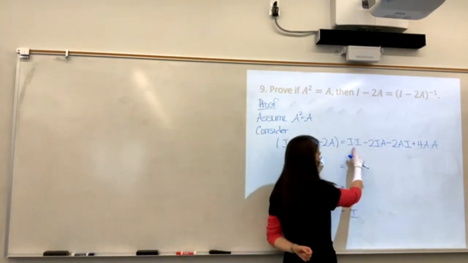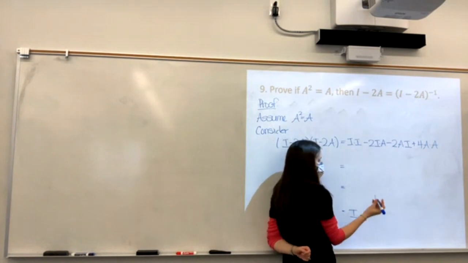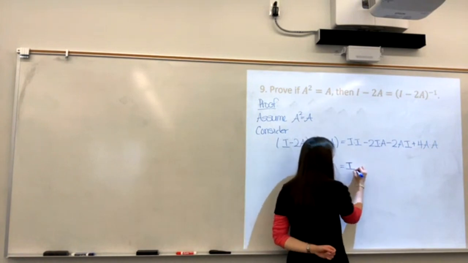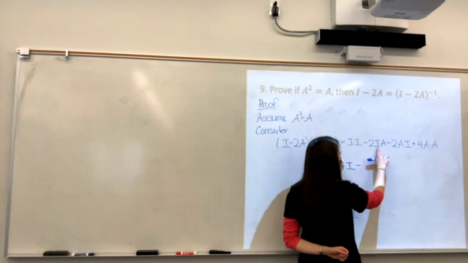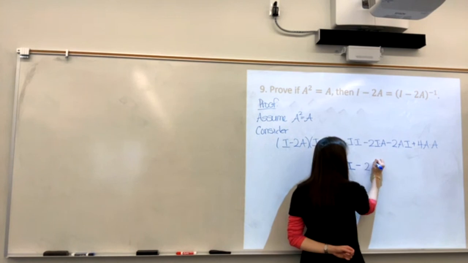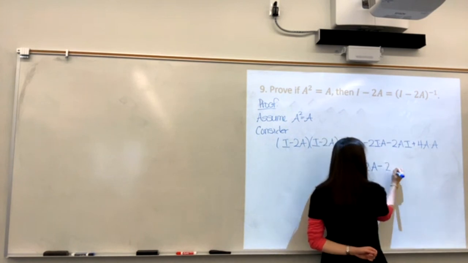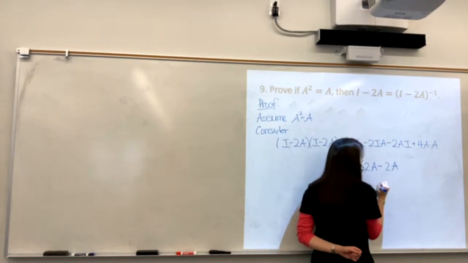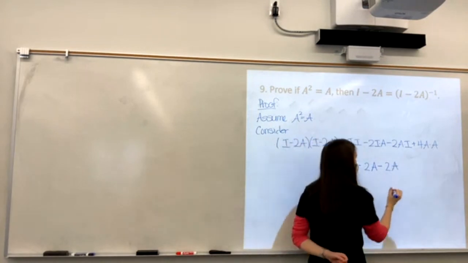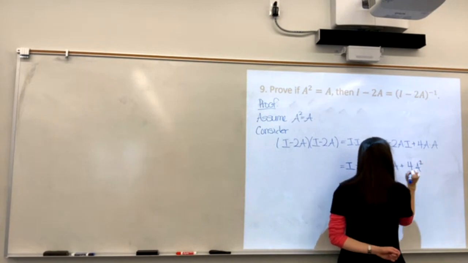If I multiply the identity by itself, what do I get? The identity. I times A is just A. A times I is also just A. And then I would technically get 4A squared.